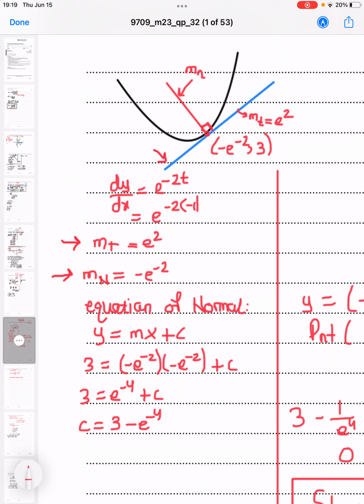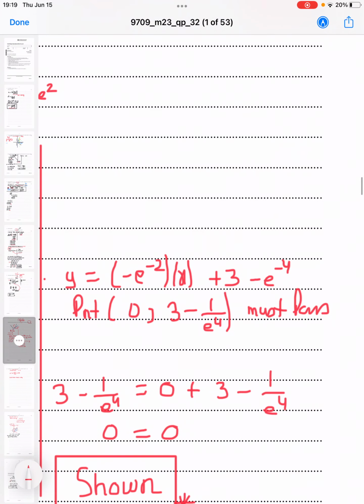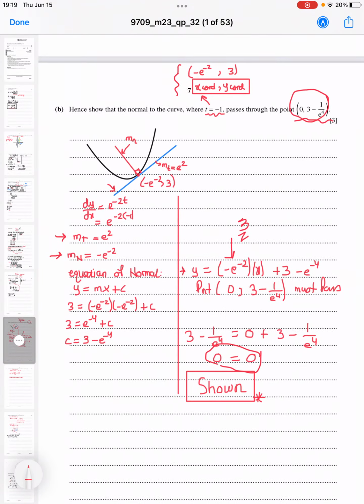We are given the coordinates, so we can find c as 3 minus e raised to the power minus 4. The equation becomes y equals minus e raised to the power minus 2 x plus 3 minus e raised to the power minus 4. And then in order for the point to pass through this normal equation, it must equal itself. So it is equaling itself, so we have shown that it is passing through the above point.